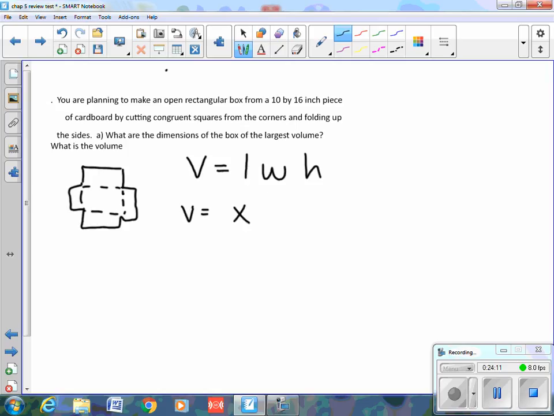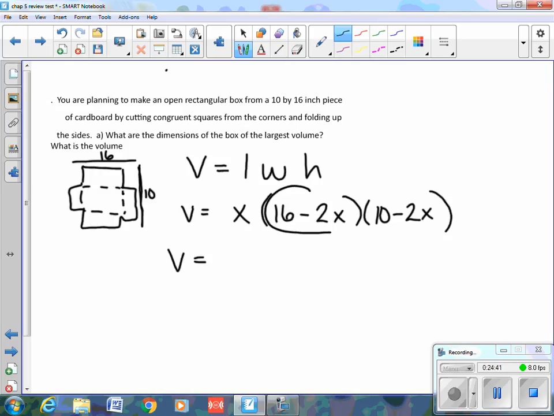I put these in the wrong order. You're going to take 16 and subtract 2 x's from the length, because this whole thing is 16, and this whole thing is 10, so you have to subtract 2x from them. So you have volume equals x times 16 minus 2x times 10 minus 2x. You have to subtract 2x from the ends.